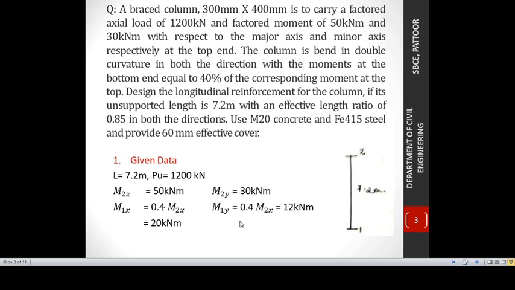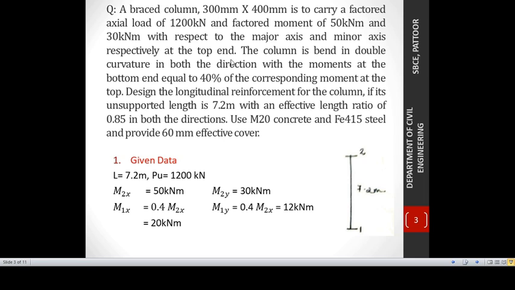Moving on to the question, our question is: a braced column 300 mm by 400 mm is to carry a factored axial load of 1200 kN and factored moments of 50 kN·m and 30 kN·m with respect to the major axis and minor axis respectively at the top end.